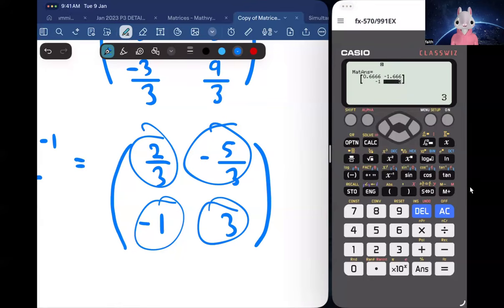I sent you the picture of the calculator. All right, so make sure that you define the matrix. So when you press mode, right, and you press matrix, did you define the matrix? Did you put in a 2 by 2? No, it didn't ask.